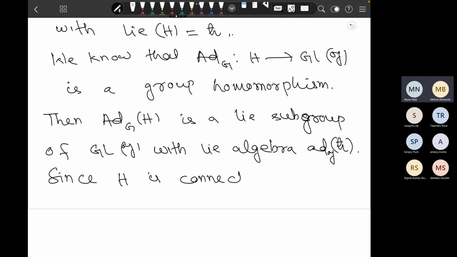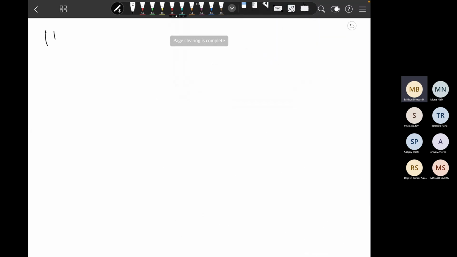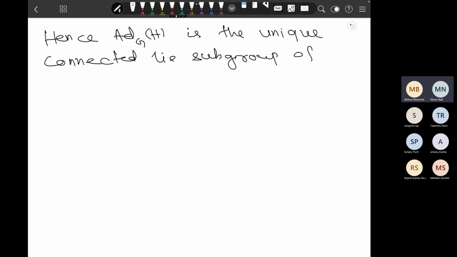Hence Ad(H) is the unique connected Lie subgroup of GL(𝔤) with Lie algebra ad(𝔥).